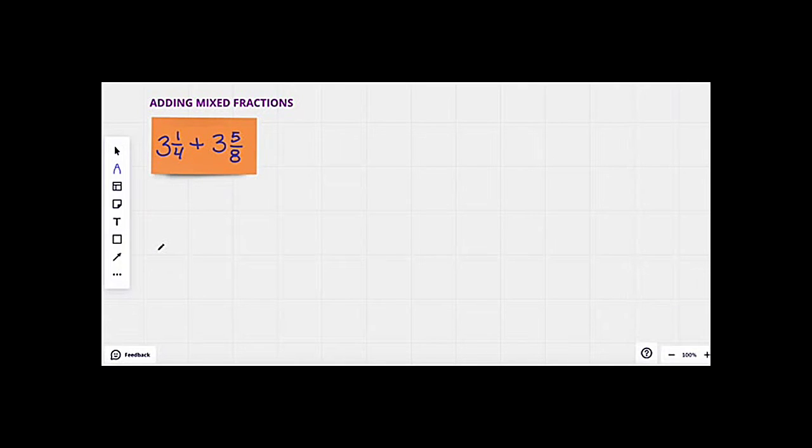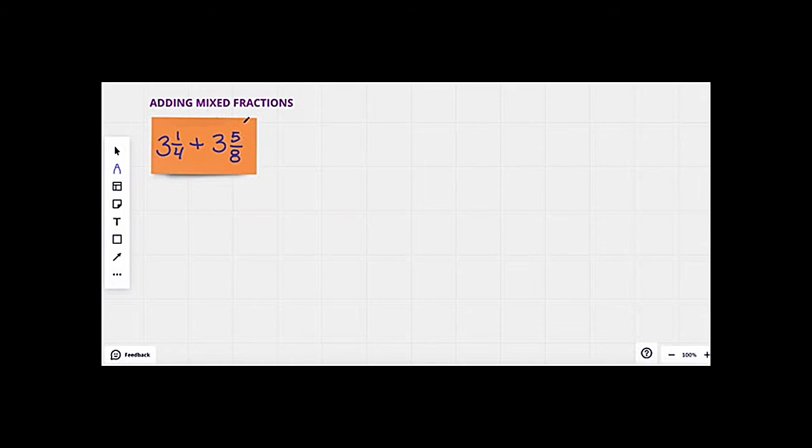So we've got 3 and 1 over 4 plus 3 and 5/8. By converting these into improper fractions, we need to multiply the denominator times the whole number and add the numerator.